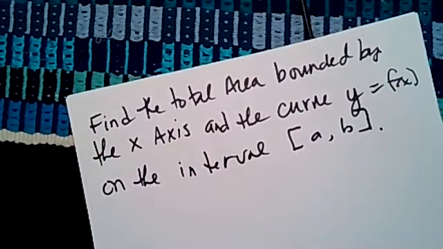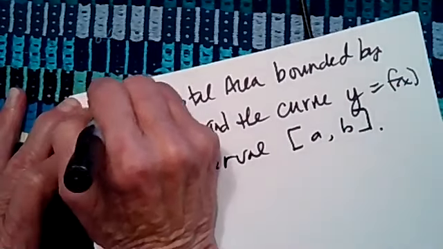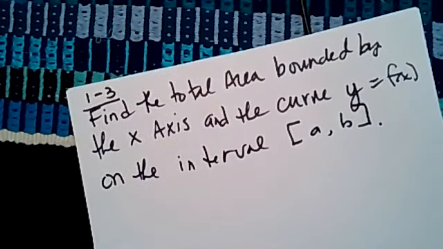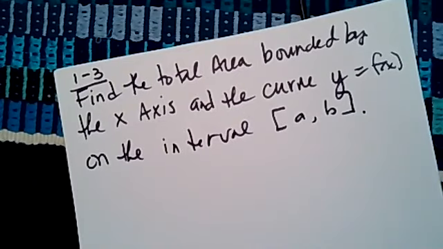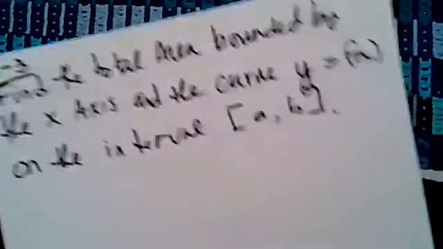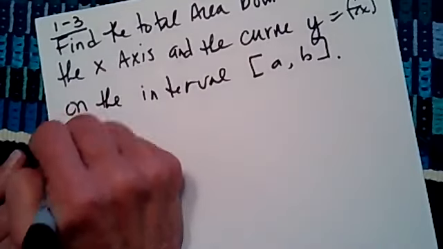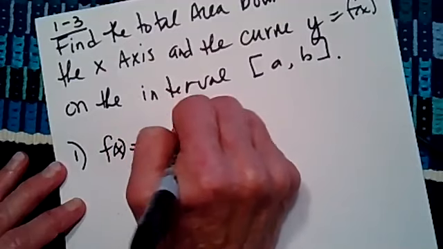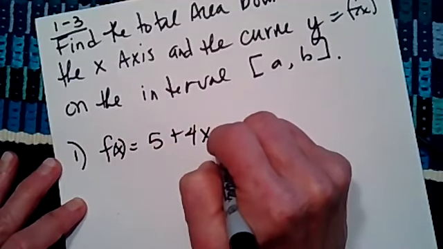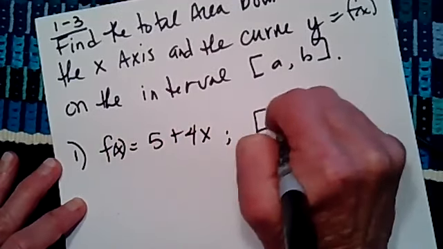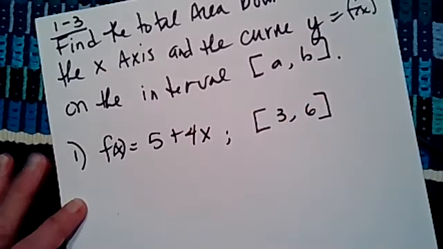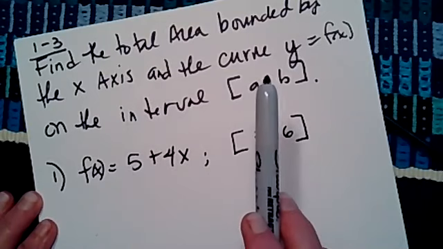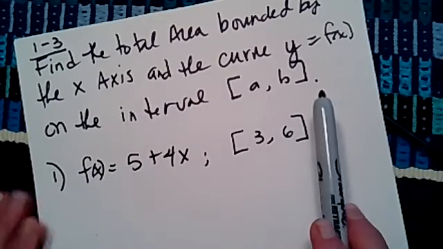The first three problems in your homework are going to be this. Find the area bounded by the x-axis and the curve. They give us a function, like problem number 1, f of x is 5 plus 4x, and an interval from 3 to 6. They want the area bounded by the x-axis and the curve from x equals a to x equals b.